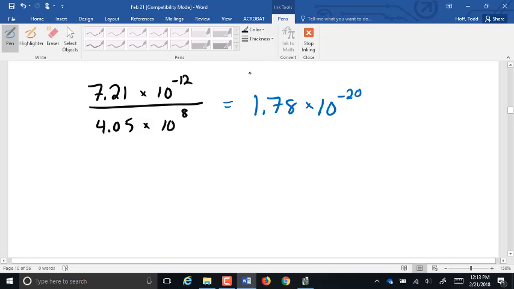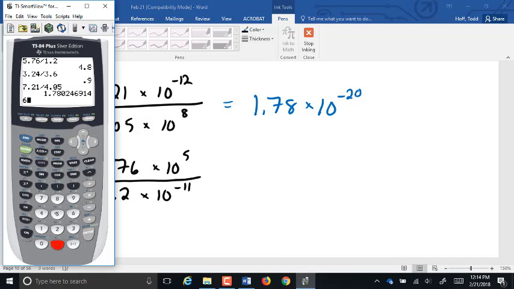We might have 6.76 times 10 to the 5th divided by 5.2 times 10 to the negative 11th.